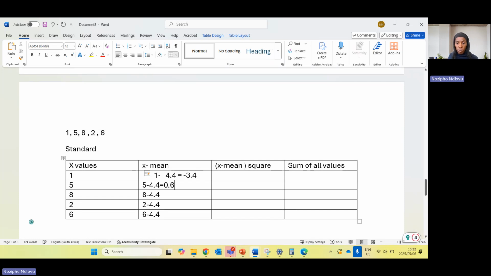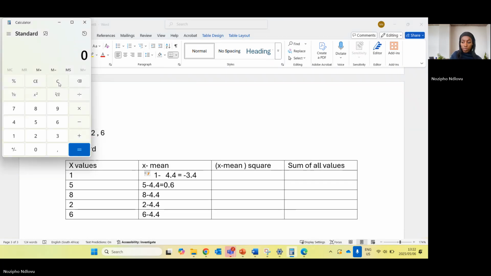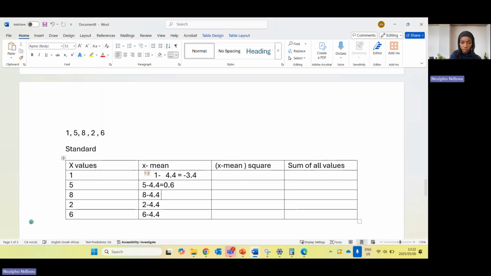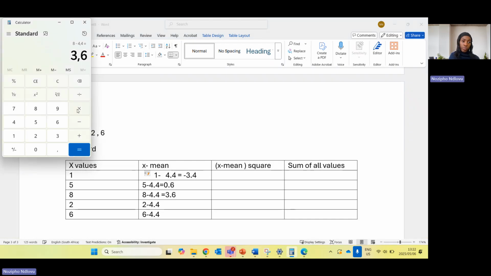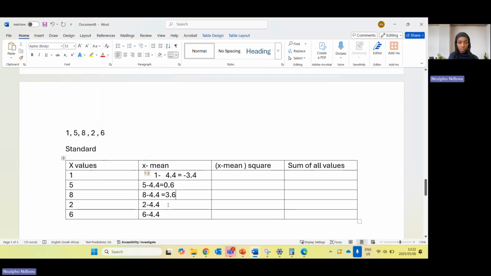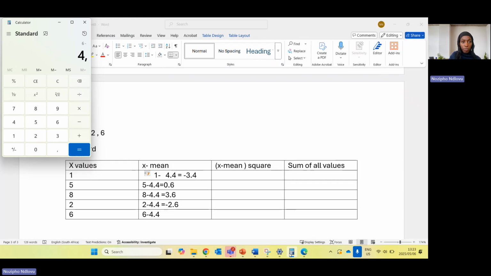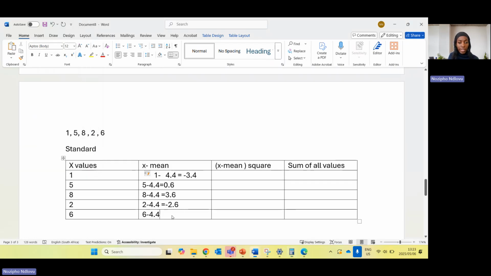Then the same for 8 minus 4.4, it gives you a 3.6. Then you have your 2 minus your 4.4, giving you a negative 2.6. Okay, it has to be negative. Then you have your 6 minus your 4.4, giving you a 1.6.